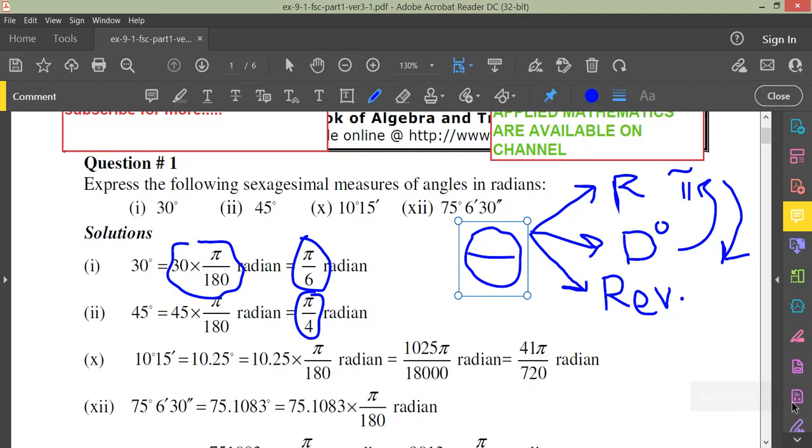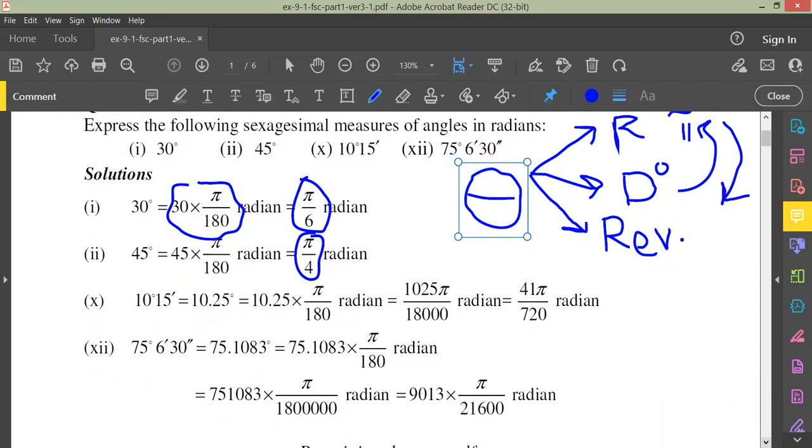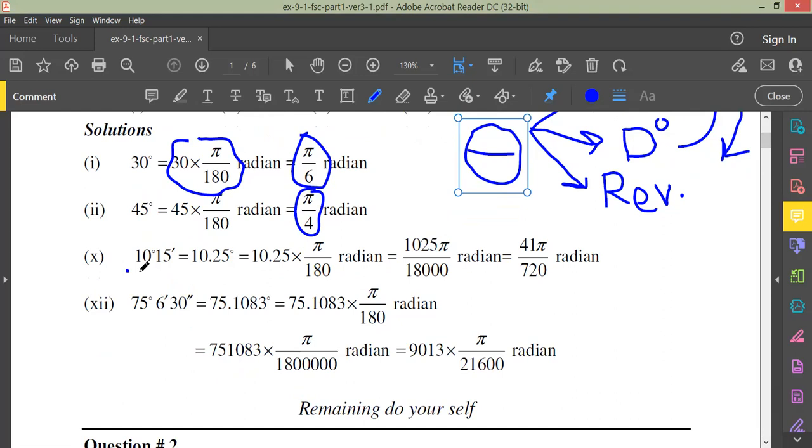Similarly, if there is 10 degree and 15 minutes. This is 75 degrees, 6 minutes and 30 seconds. To convert it, we can write it by another method.